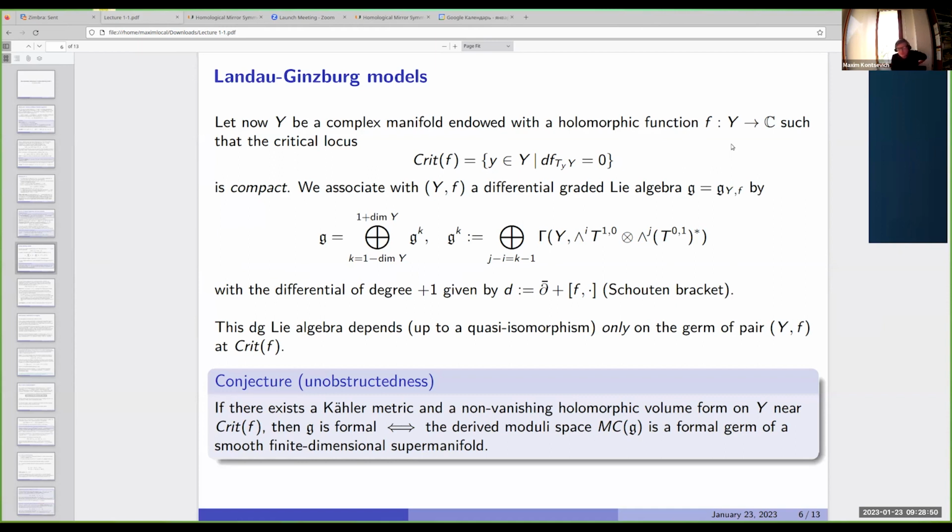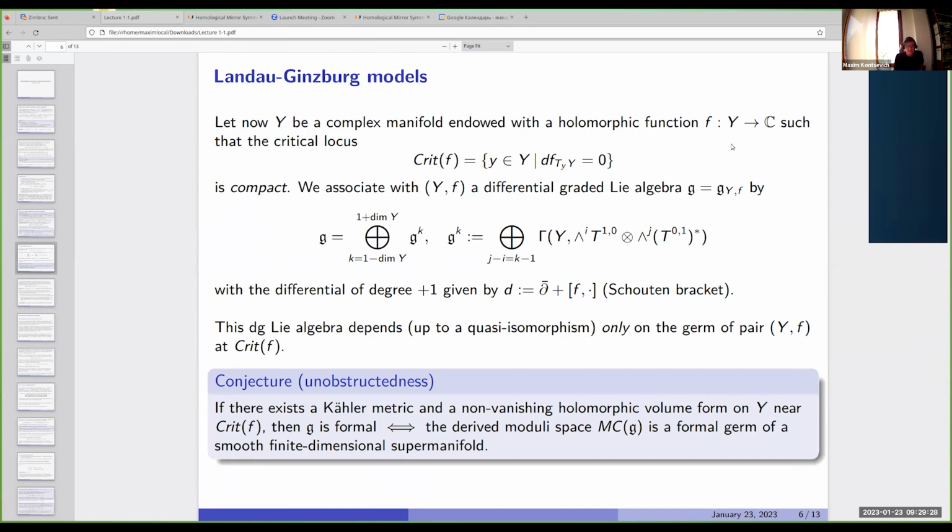And we put the grading b minus a equal to k minus 1. The Lie bracket on this object will be the Schouten-Nijenhuis bracket for polyvector fields and the cup product for d-bar forms. And the differential is given by a combination: the d-bar differential and the Schouten bracket with the function. So you get this DG Lie algebra, which up to quasi-isomorphism depends only on the germ of the pair near the critical locus. So you can shrink your Y to an arbitrarily small neighborhood of the critical locus.